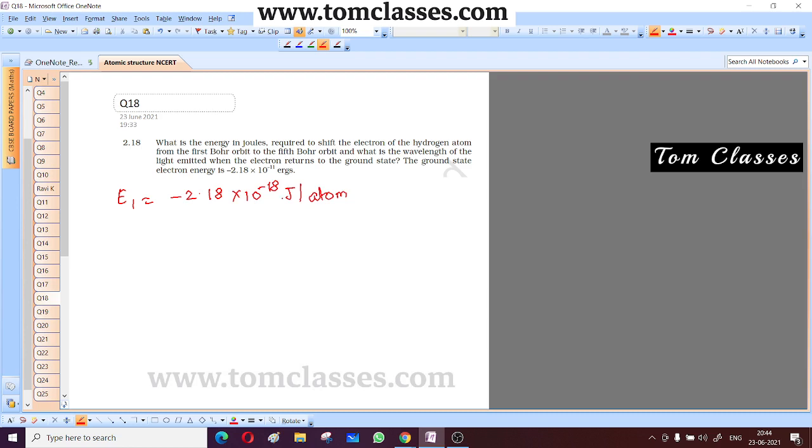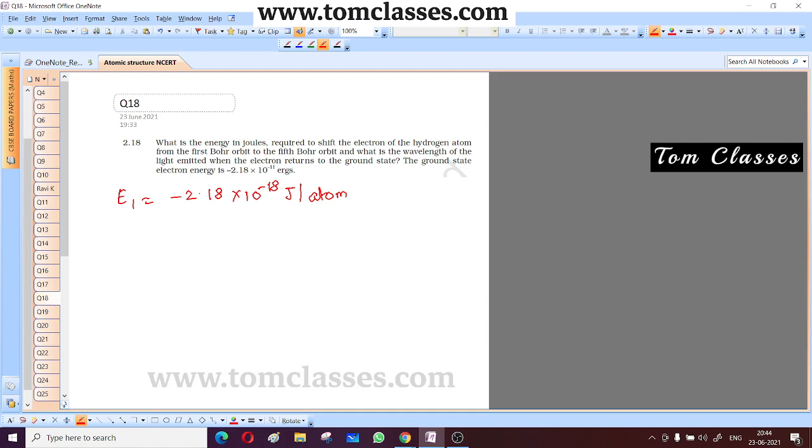Okay, so we'll use this result. Anyhow he is asking for energy in joules, so better that we use that expression, or you can convert these from centimeter, gram and seconds into kg and meter.